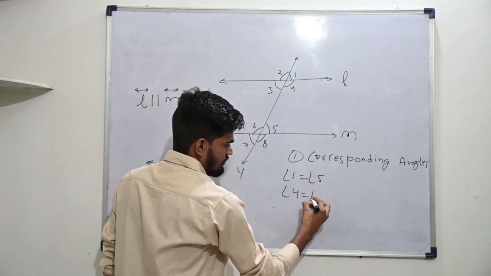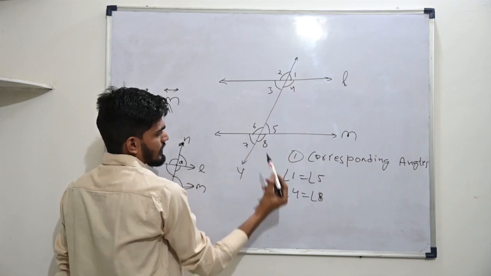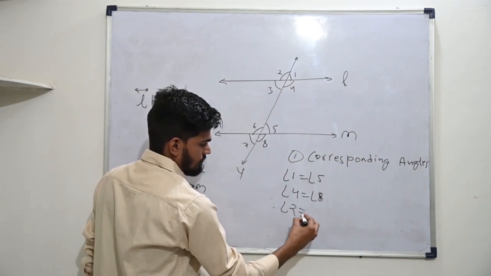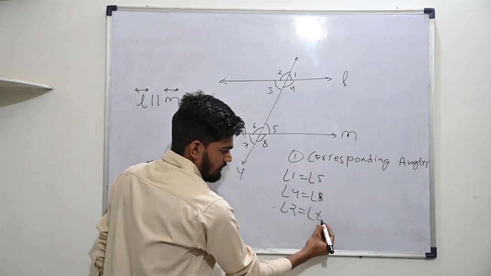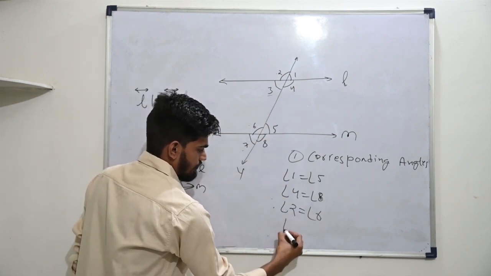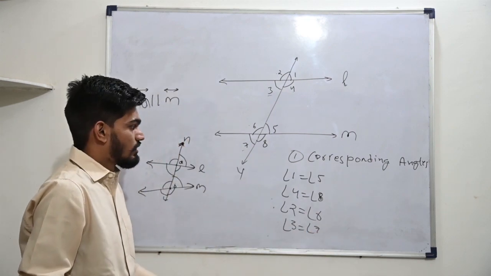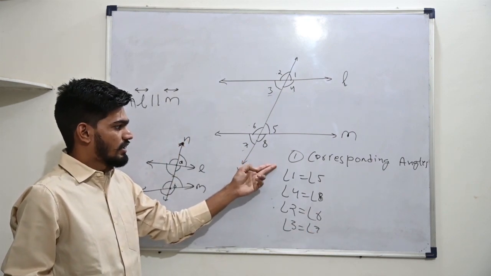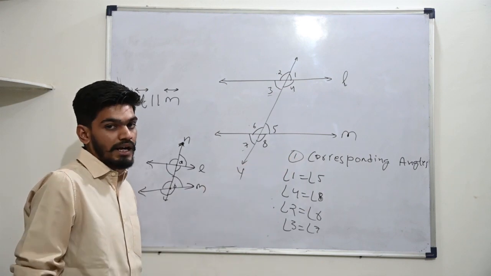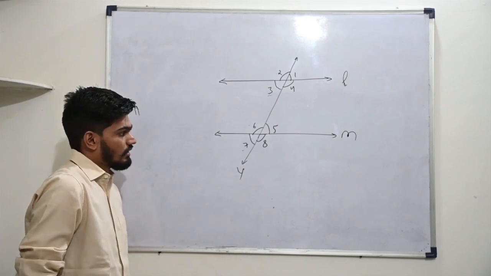Angle 4 is equals to angle 8. 2 and 6. They will also be equal, as well as angle 3 and angle 7. They will also be equal. So this is the first property about transversal line, that corresponding angles will be equal.